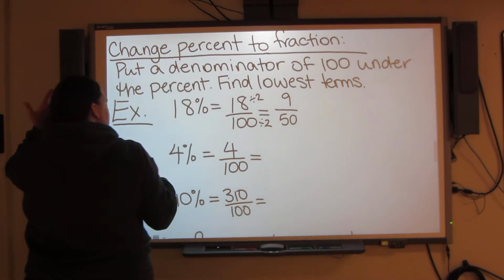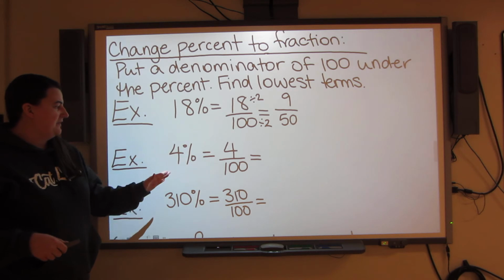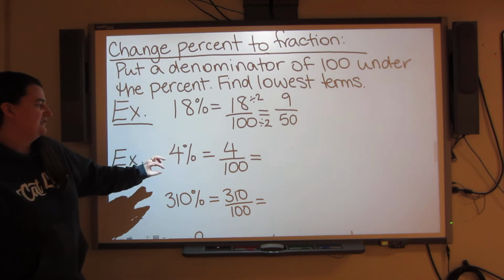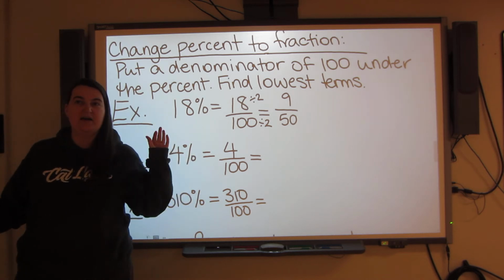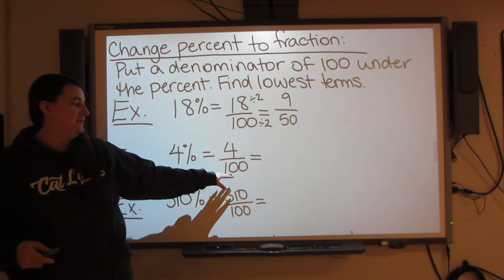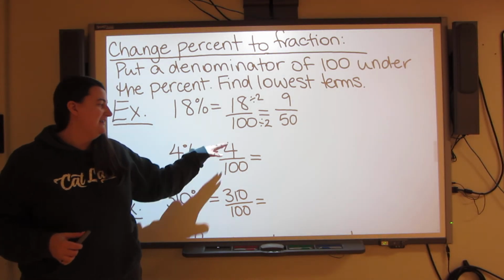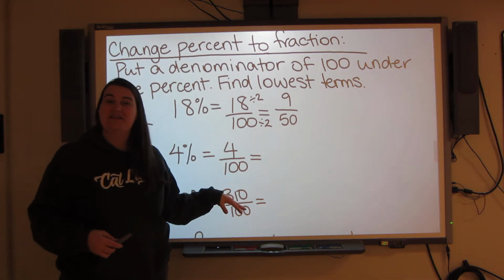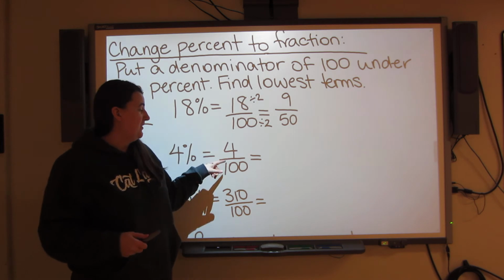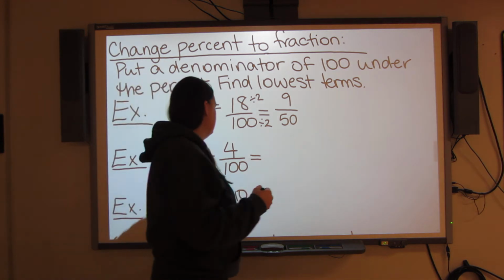All right, let's see another example. Here I've got 4%. Now, that's okay, it only has one digit. Not a big deal. Whatever your percent is, no matter how many digits, 1 or 52, whatever those digits are, you have to put them on 100. It doesn't matter how many digits are on the top, the 100 has to go on the bottom. So 4% changes to 4 over 100, and of course, you need to make lowest terms.